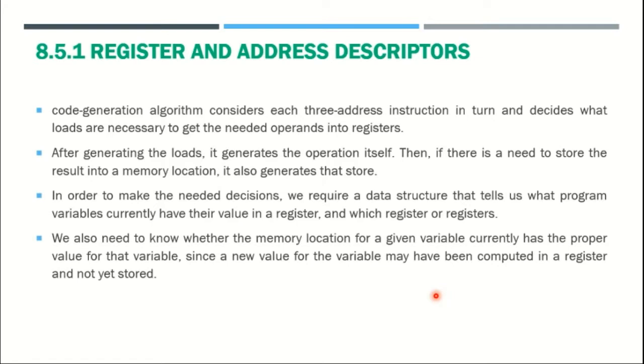Now we observe how registers and addresses can be described by descriptors. In the code generation algorithm, we consider each three address instruction in turn and decide what loads are necessary to get the needed operands into registers.